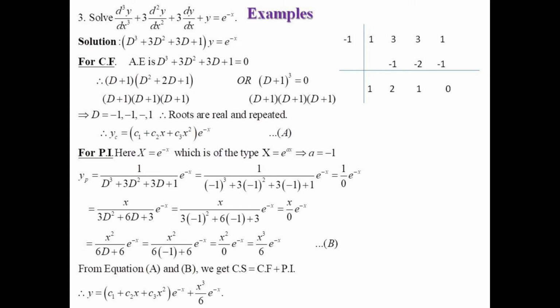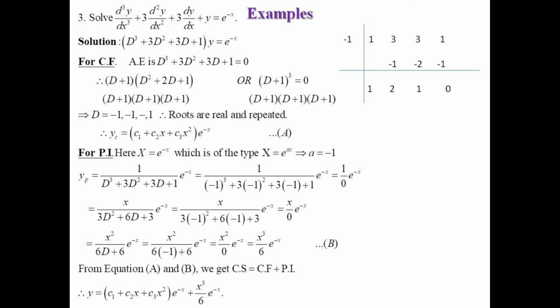If we simplify the denominator term, we get the value of the denominator as 0. And we know that whenever we get 0 in the denominator, then attach x on the numerator and take the derivative of the denominator with respect to d. So we get x upon 3d square plus 6d plus 3 into e raised to minus x.